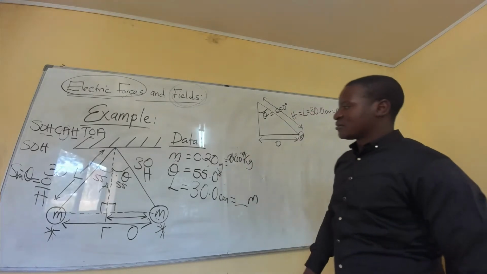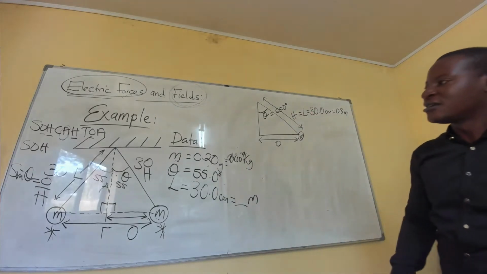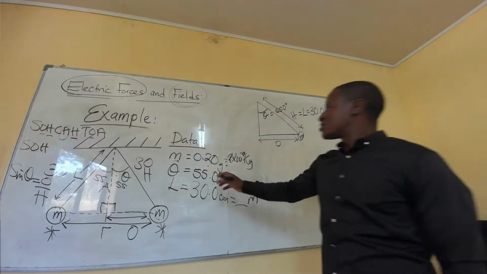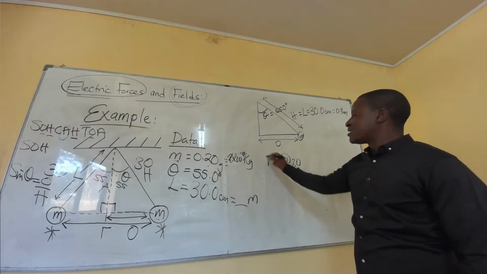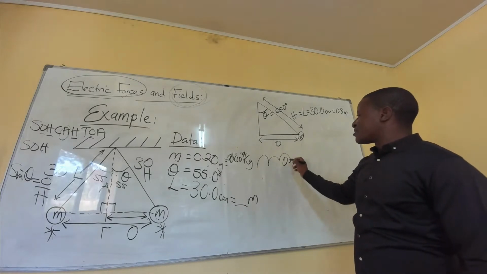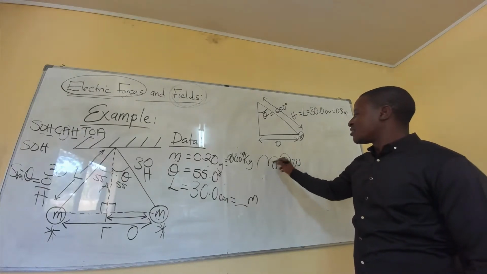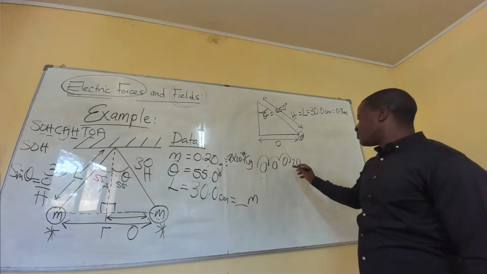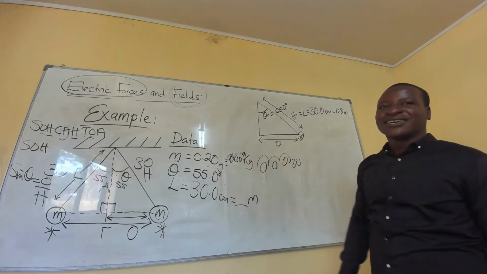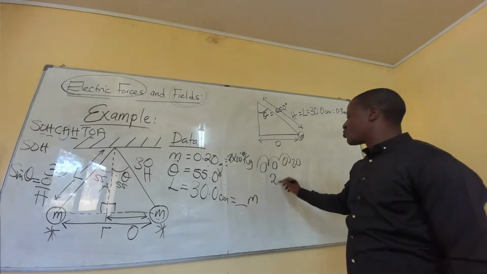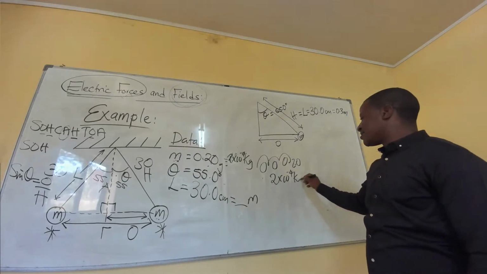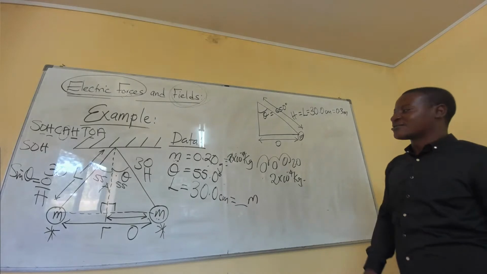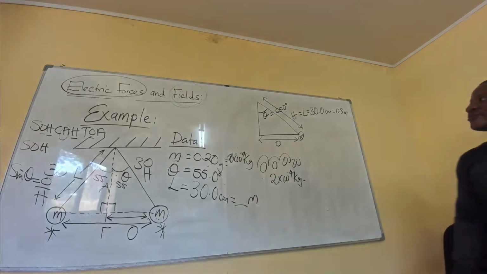I think so, you can correct me if I'm wrong, because you have 0.20, you move like this 3 steps: 1, 2, 3. So you have to come here, which is 4. So you have 2 times 10 to the minus 4 kgs. Okay, that is correct.